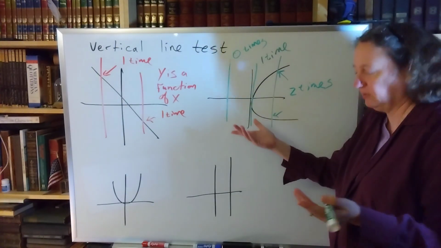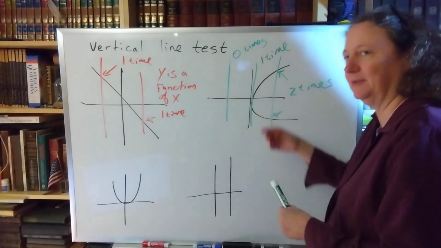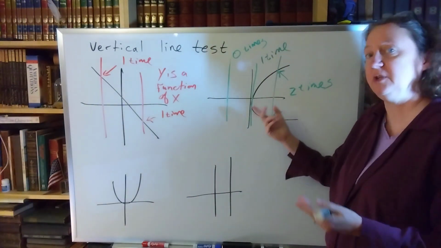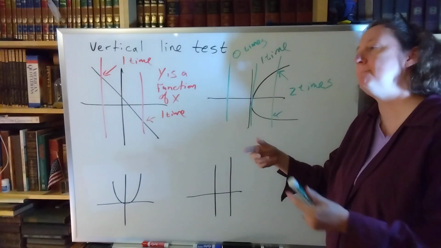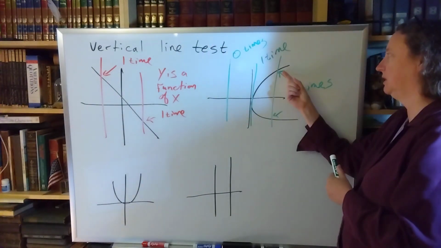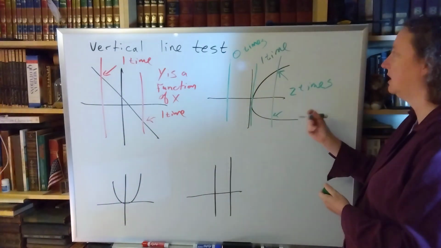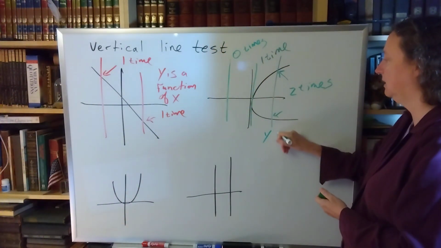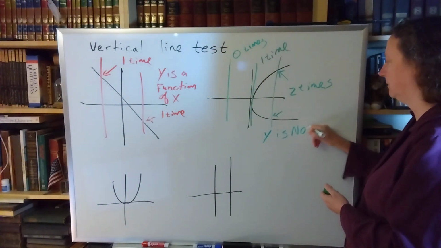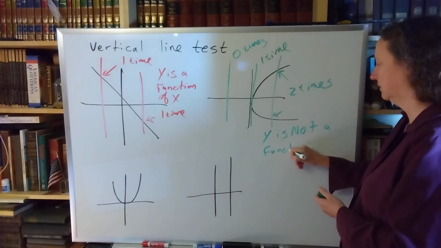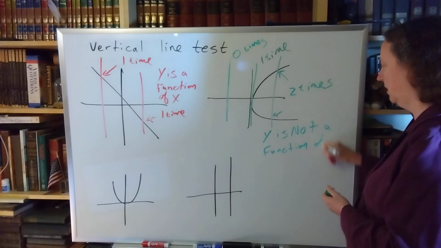So 0 times, yeah, that's fine. Not something that we're looking for, but it's okay. 1 time, that would tell me that yes, it is a function, but when I look at this one, I see it crosses twice, so now we know, no, it is not a function. Y is not a function of x.